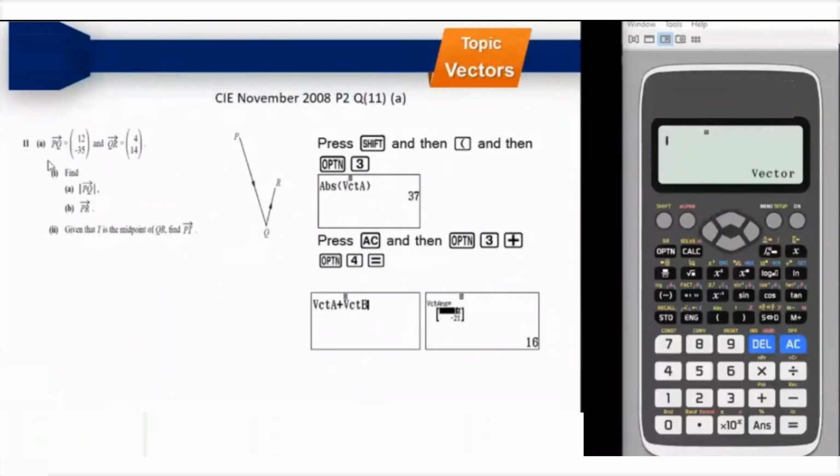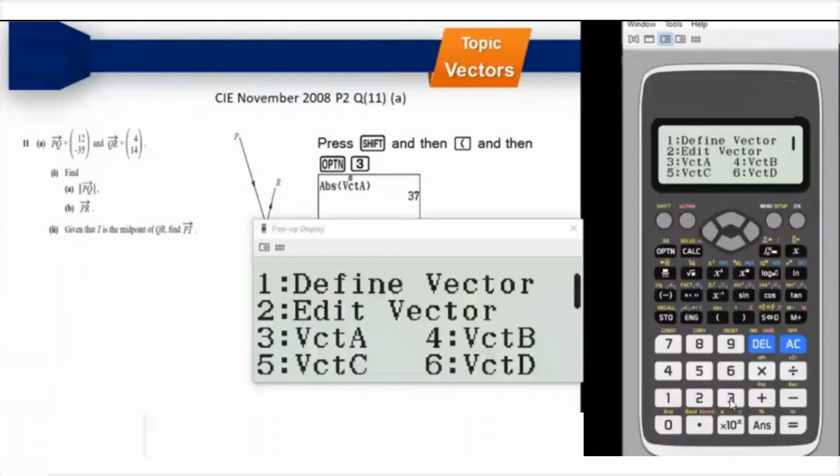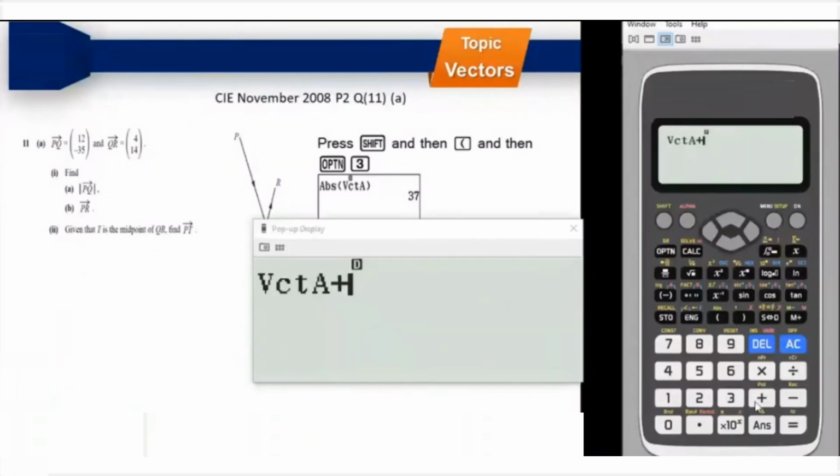PQ is my vector A, QR is my vector B. So basically I need to add vector A plus vector B. So what I will do is I will press option, I will press 3 plus I will press option again and I will press 4.